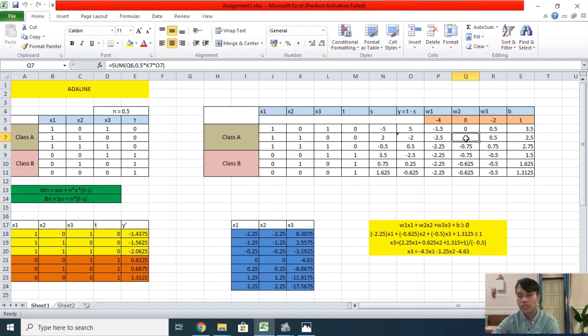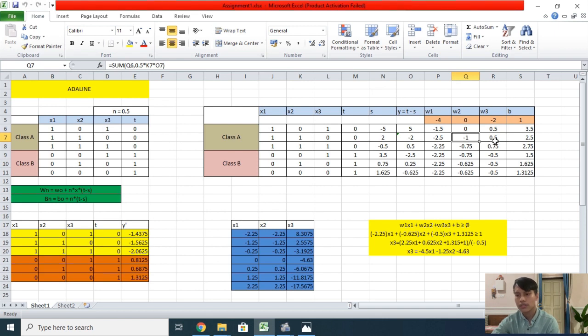So the w2 is the same: w old 0 plus N 0.5 times 1 and times negative 2. So we get negative 1.